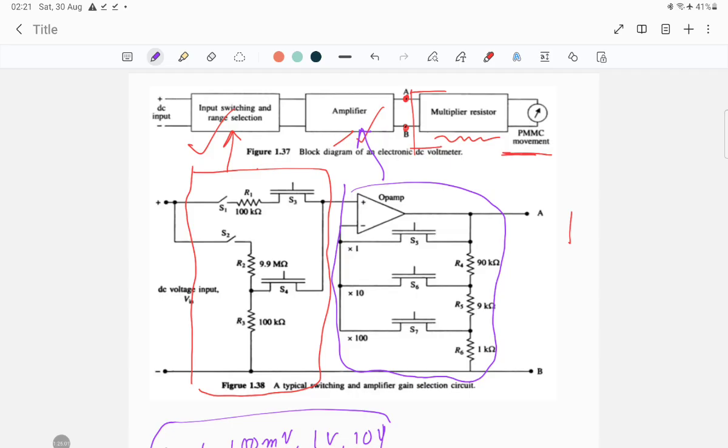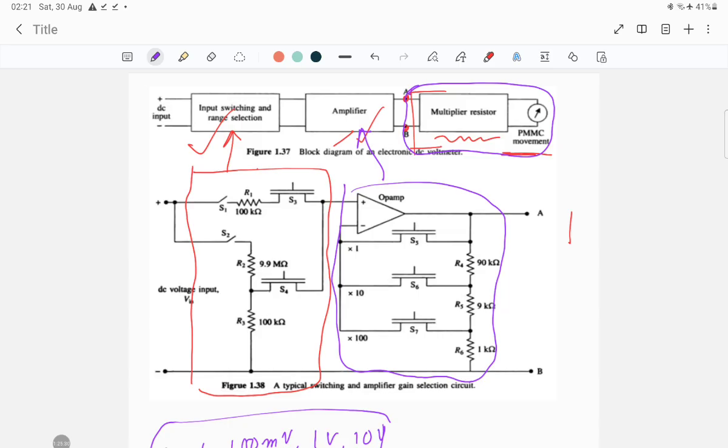In this particular configuration, it has been configured in such a way that this circuit will operate at or lower than 1 volt, up to 1 volt. This circuit will work up to 1 volt, so you cannot provide beyond 1 volt.